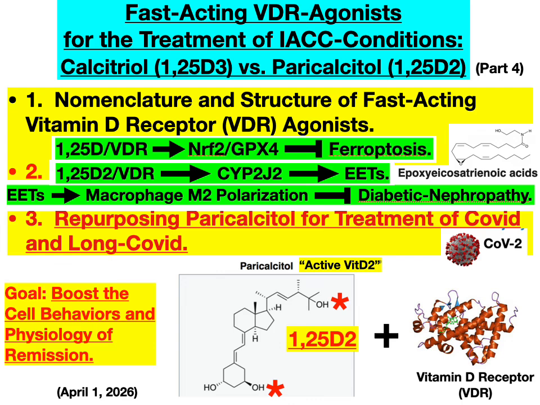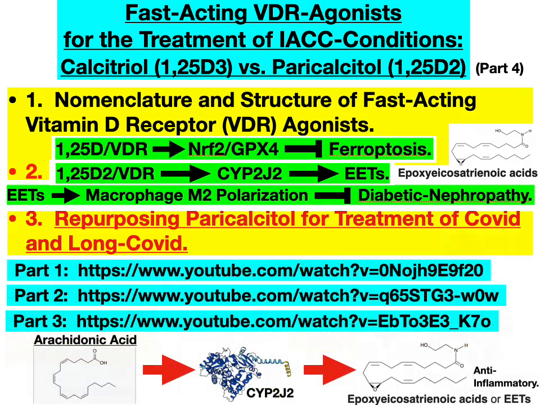The takeaway concept of this YouTube, as well as prior YouTubes in this series, is the use of paracalcitol to stimulate vitamin D receptors. The clinical goal is to boost the physiology of remission from these inflammatory states.